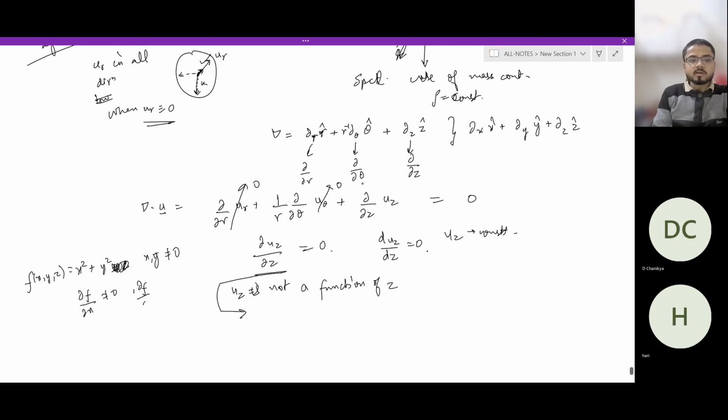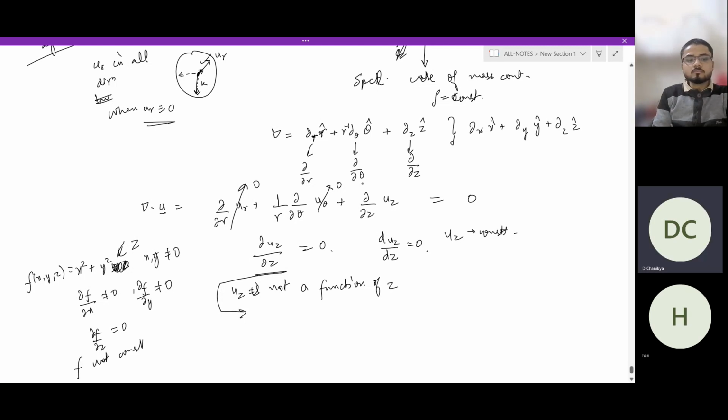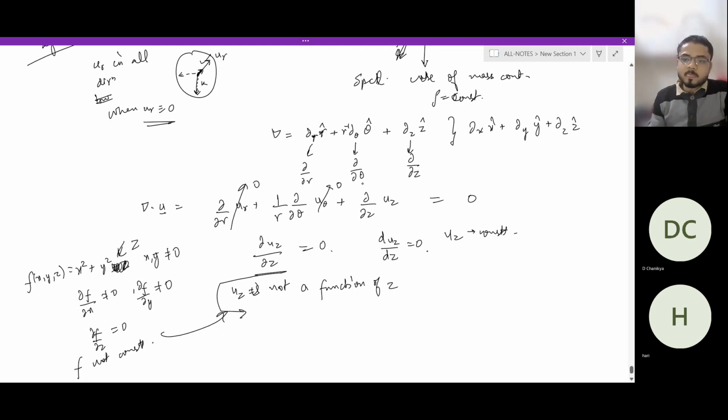And del f by del y is not equal to 0 for sure. Now del f by del z is equal to 0, right? Because there's no z here. But f is not constant, right? So that's how this inference is being made. So u_z is not a function of z.